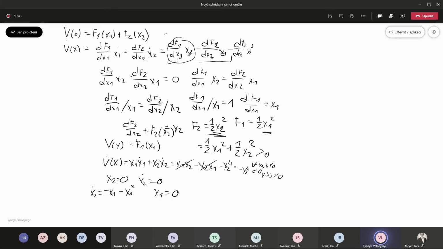And this system is globally asymptotically stable. Any question?